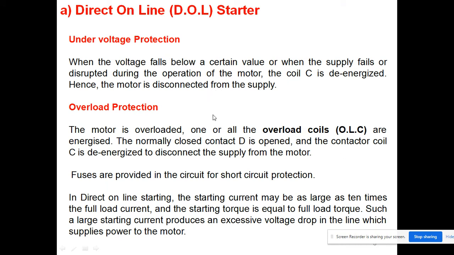Now one important part attended by this direct online starter is the under voltage protection. What happens here? Let us suppose our motor is running at a rating between 180 volt to 230 volt, and if the voltage coming is 160, then it is under voltage.